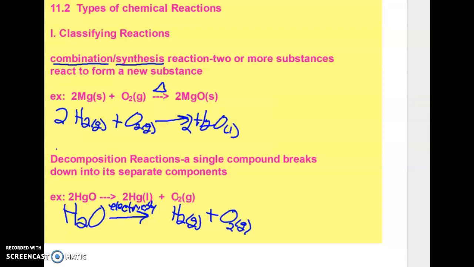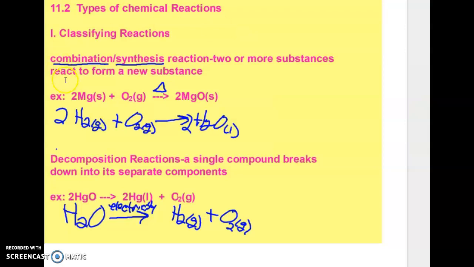Okay, so the first couple of reactions are pretty simple. We have combination or synthesis, and you will see this labeled either way. Combination kind of makes sense: some things are combining. We usually have two, sometimes three things coming together to form one product, or we might have three things coming together to form two products.